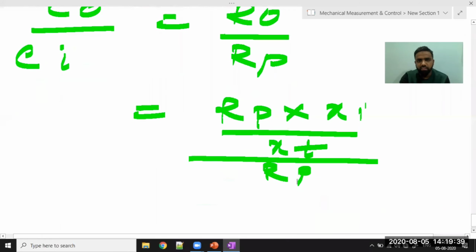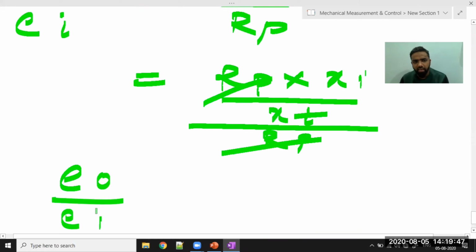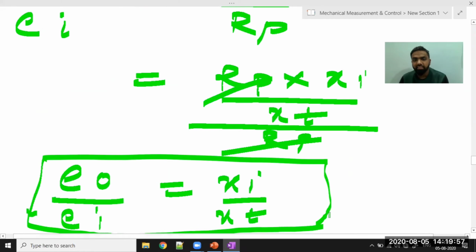If we simplify this, Rp will get cancelled, and what will remain is E naught by Ei is equal to Xi by Xt.